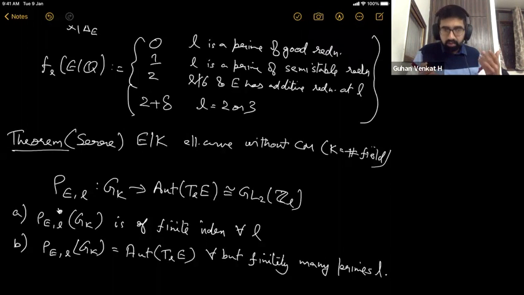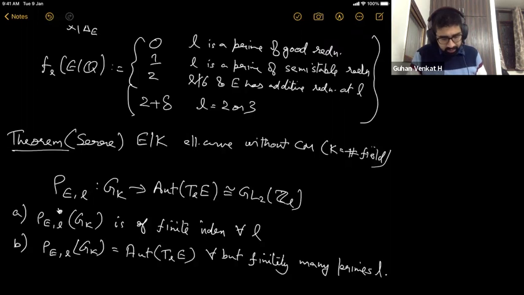For the first statement, I think people are interested when it's not all of GL2(Z_l), right? So there is a complete characterization: it's either a Borel or the normalizer of a non-split Cartan. There are effective versions of when that happens.